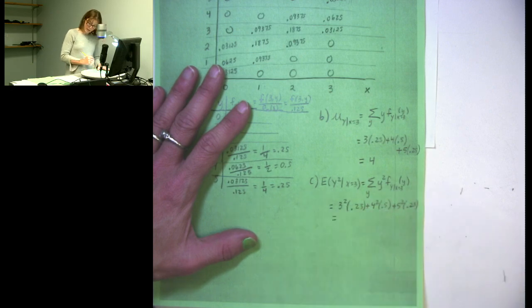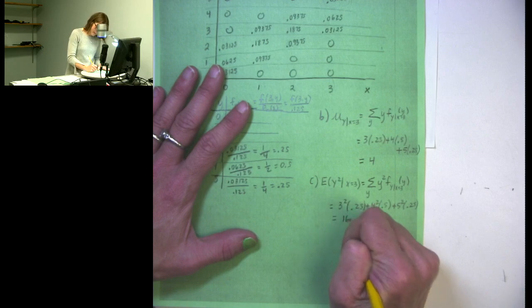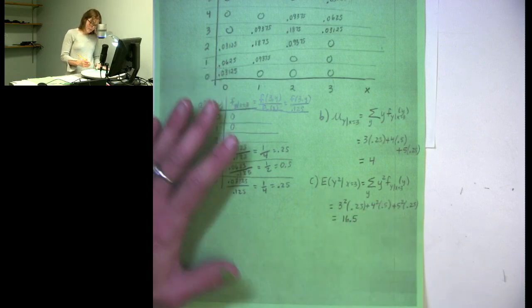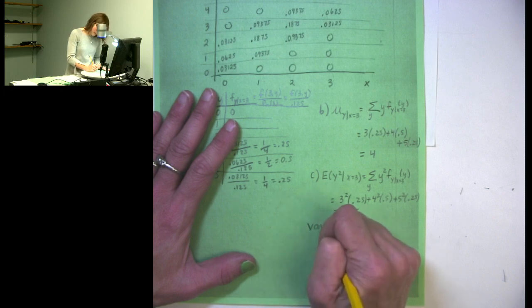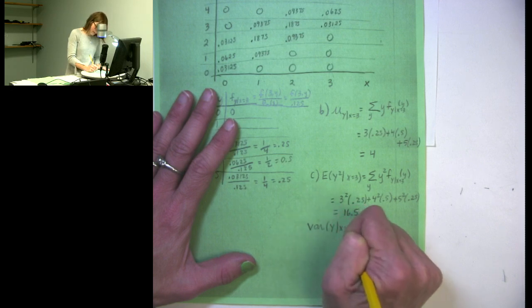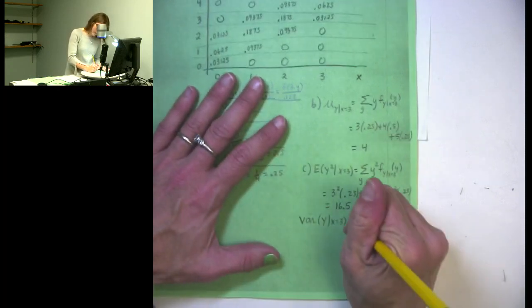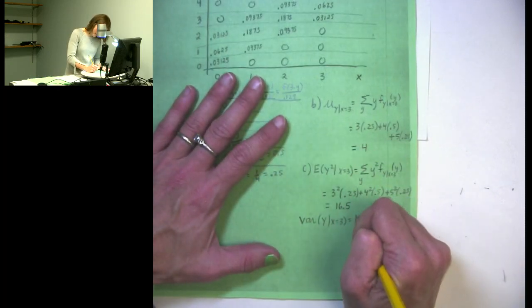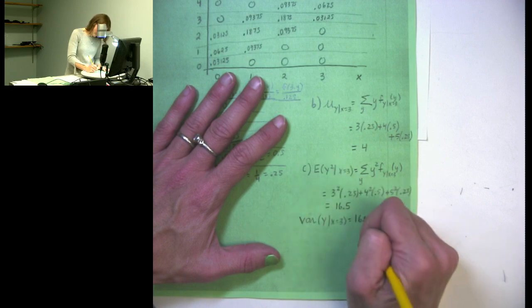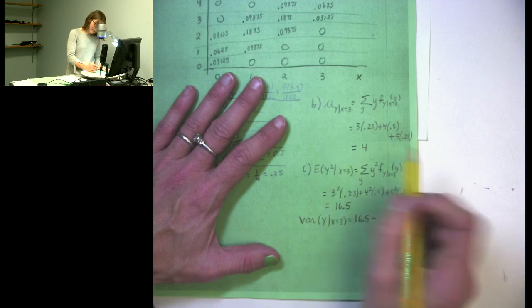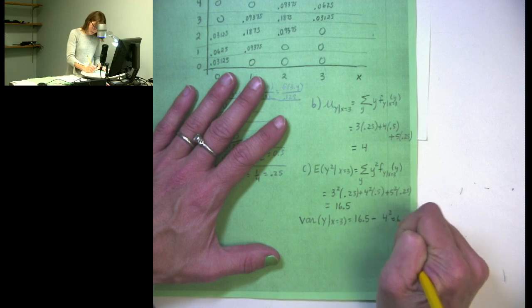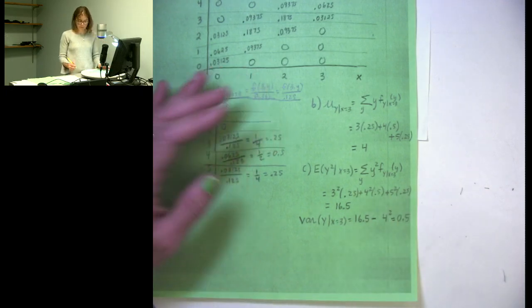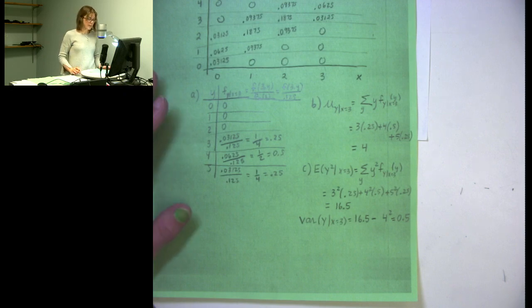And so my expected value of y squared is going to be 16.5, which means that my variance of y, given that x is equal to 3, is going to be the expected value of y squared minus the mean squared, which gives me 0.5. So there's parts B and C.